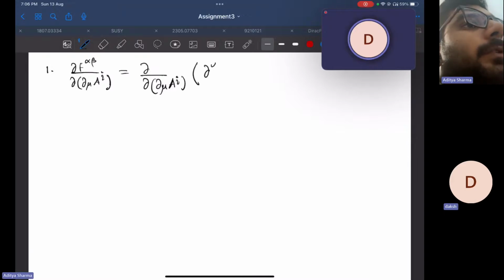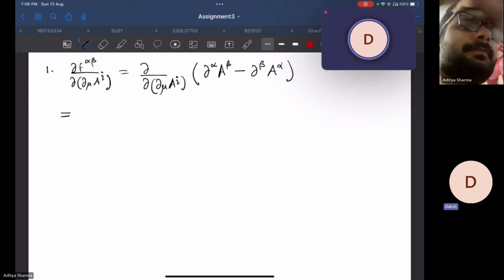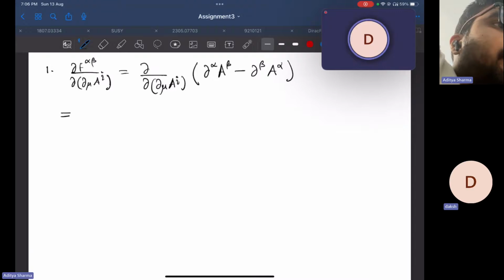F_mu nu is ∂_alpha A_beta. So now you want to match this with this, right?